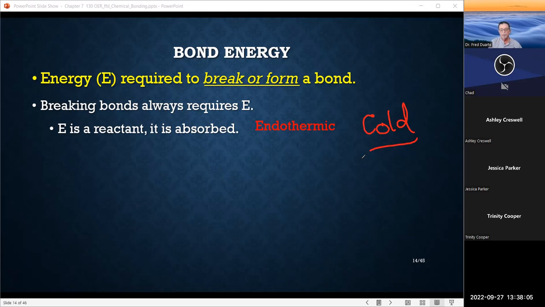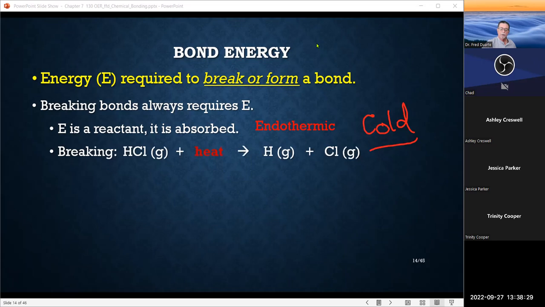A good example would be a cold pack. You could go to the pharmacy and buy a cold pack. You get that pack and you smack it and it breaks up the chemicals inside. It gets cold. That is an example of an endothermic reaction. Endo meaning energy going into the system, okay?